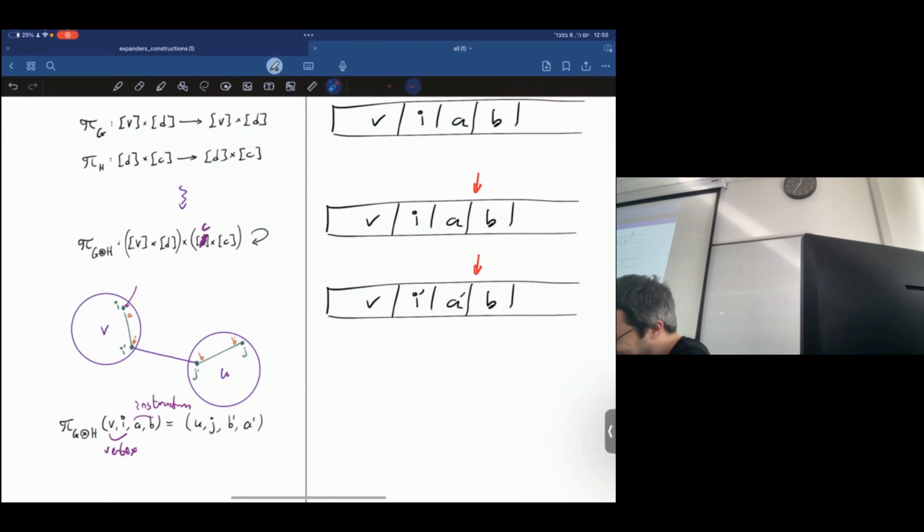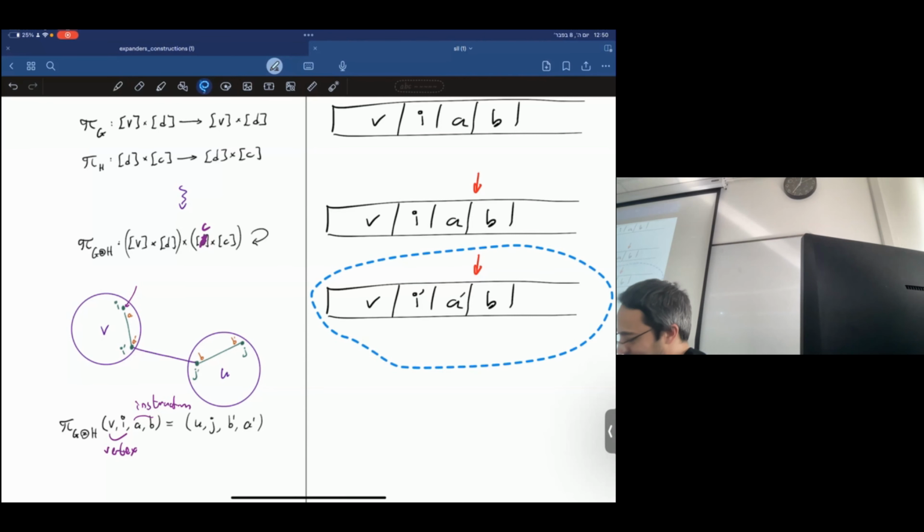And now what do you want to do? You want to exclude the H, you want to do the G. You want to ask who is the I prime neighbor of V first. You want to move here, because now we want to compute pi G of V, I prime, and then go to the edge.